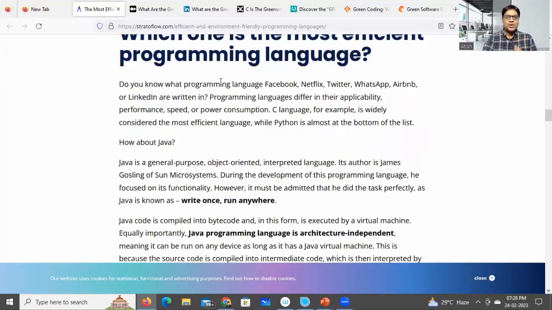Do you know which programming languages Facebook, Netflix, Twitter, WhatsApp, Airbnb, or LinkedIn are written in? And you can see they have given preference to C language. It is widely considered the most efficient language, where Python is at the very bottom of the list. When it comes to energy efficiency, C is at the top of the list, and Python is at the bottom.